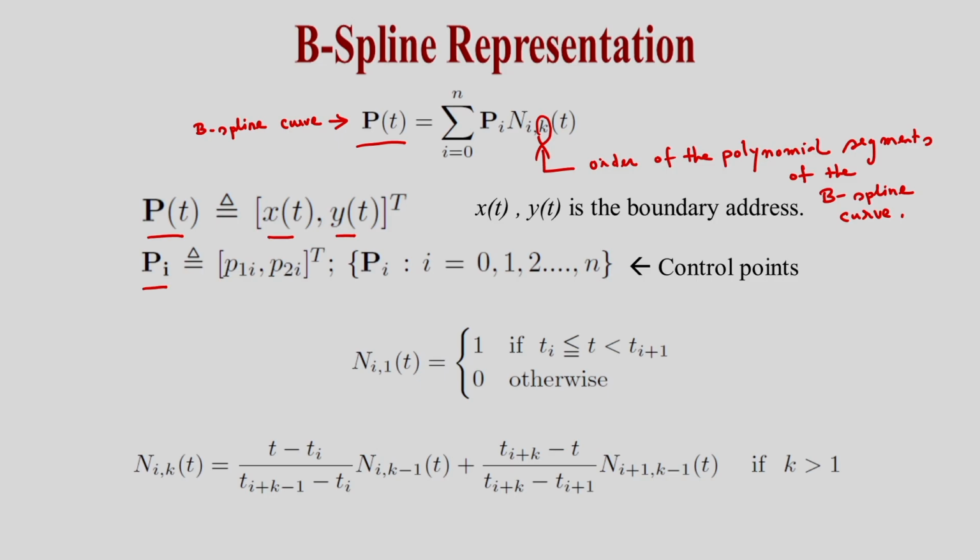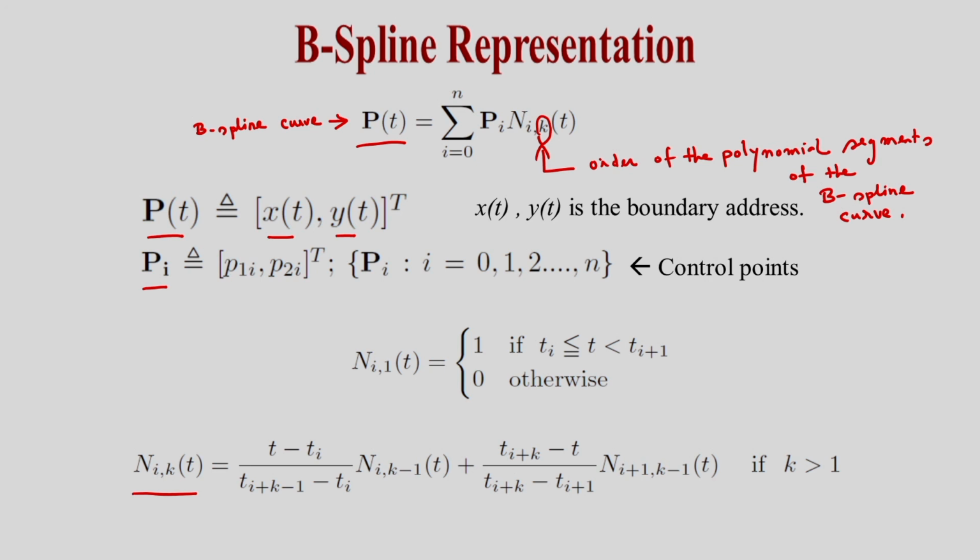The normalized B-spline blending function of order k is defined by N_{i,k}. N_{i,k} is the normalized B-spline blending function of order k that can be defined like this. And in this case, I need a non-decreasing sequence of real numbers.